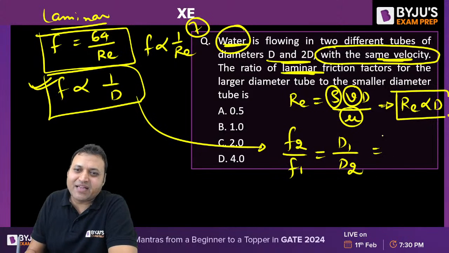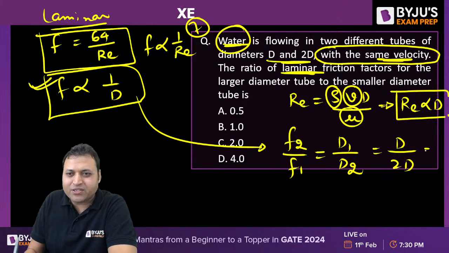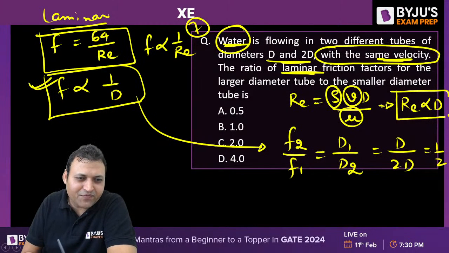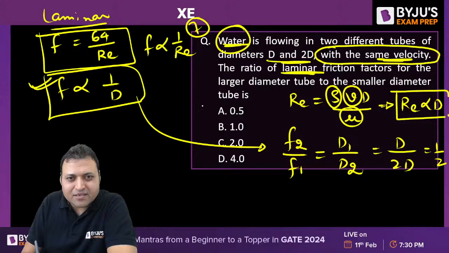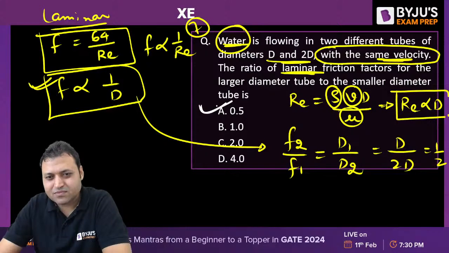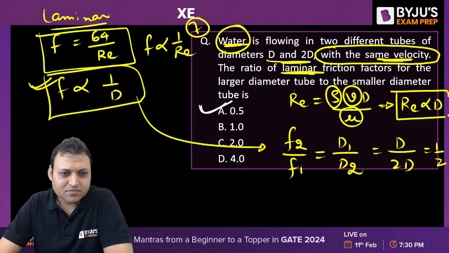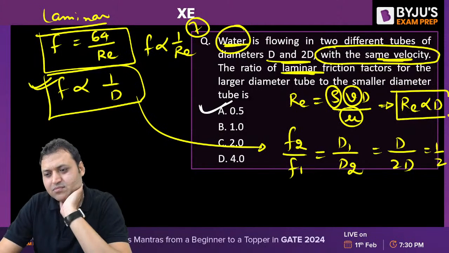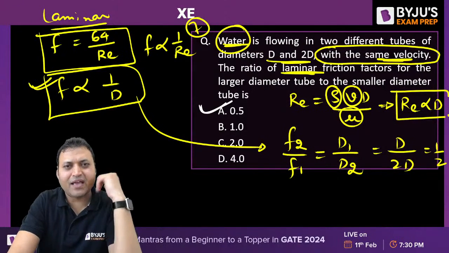D1 is d and D2 is 2d. So 1 by 2 will be the answer, that is 0.5. All right, option A is the correct answer.